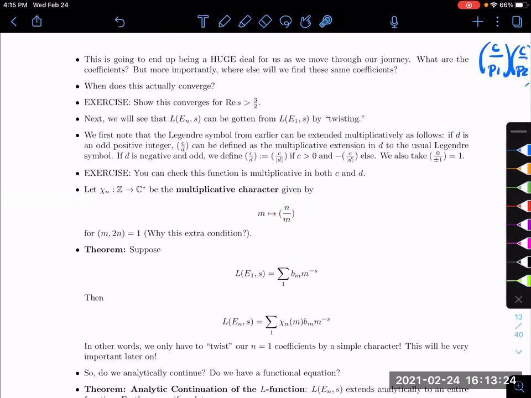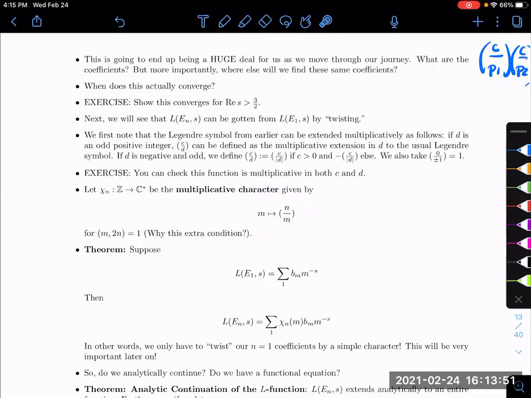Not only that, but I don't really want m to divide n, because in that case, the Legendre symbol is defined to be 0. That's kind of a stupid case nobody cares about. So I'm going to impose the extra restriction that the greatest common divisor of m and 2n is 1. And that resolves both of those issues at once. And you can check very easily here that you get a multiplicative character.